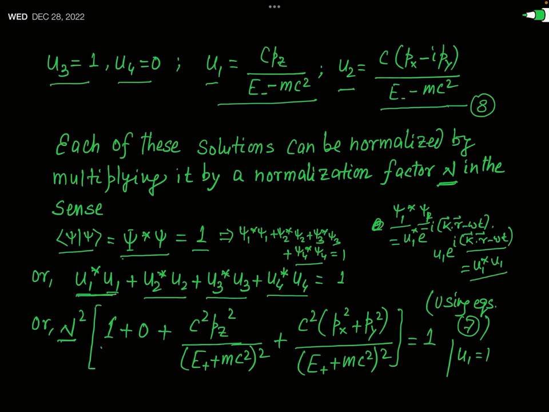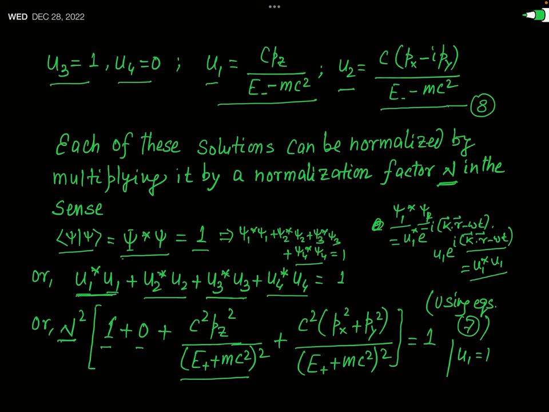Now, the first term will be 1, and the second, u2, has been taken as 0. You can see u3 was also real, and that was cpz by E plus mc square. So when you take u3 star and u3, both will be the same, and this term will be c square pz square over (E plus mc square) whole square.